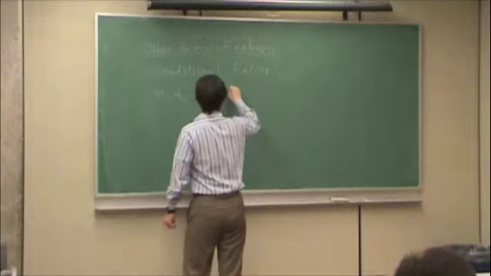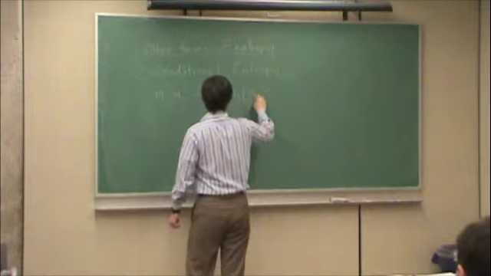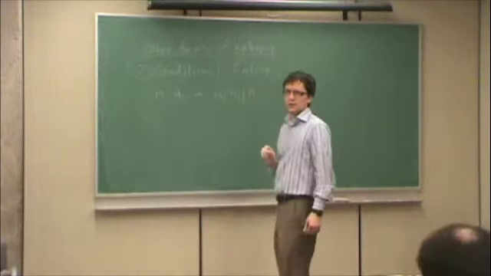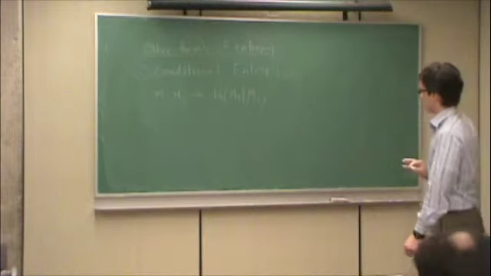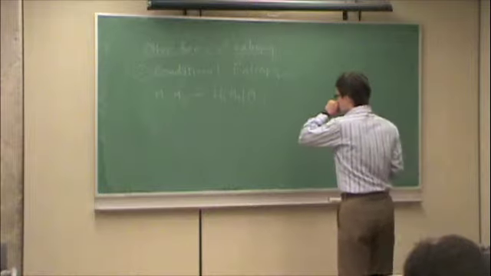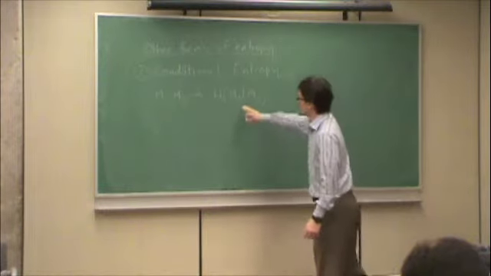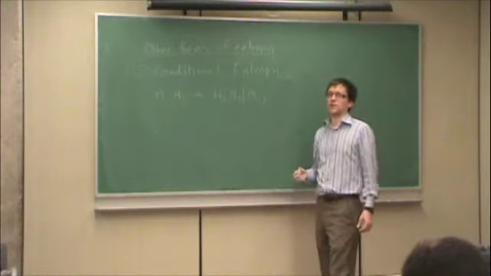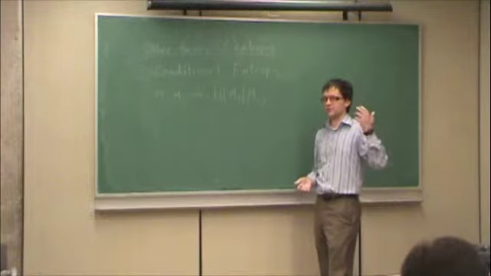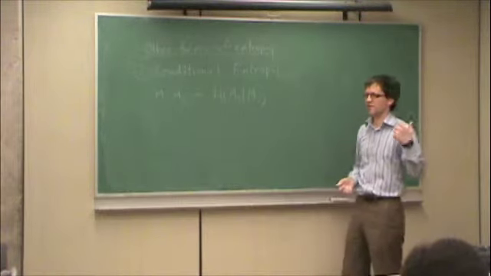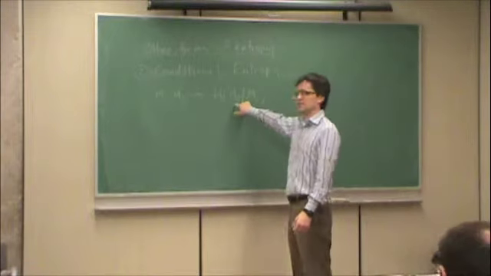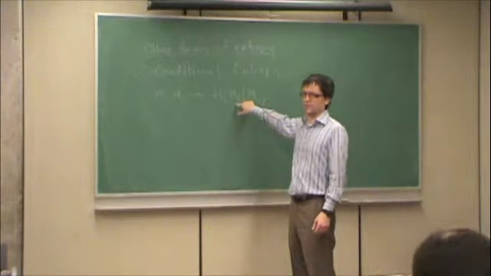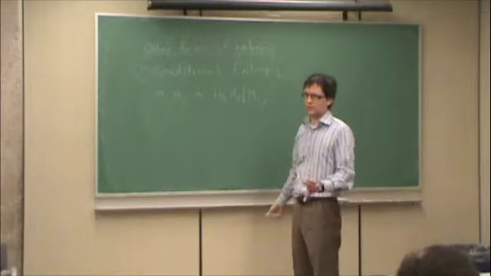The entropy of M2 given M1. This is interpreted as the most compact possible representation of M2, given that I already know what M1 is. So in other words, someone is talking in my ear and telling me what M1 is. And based on that side knowledge, I'm going to construct a compact representation of M2, always knowing what M1 is.